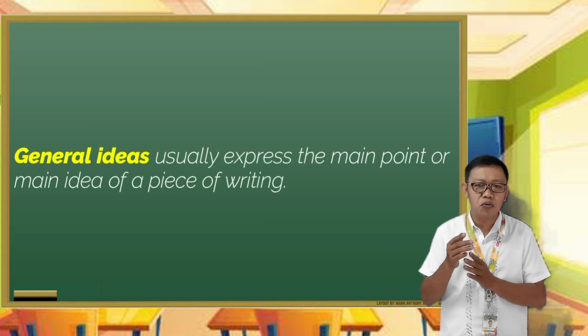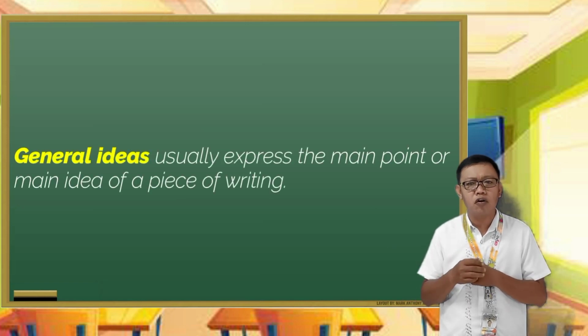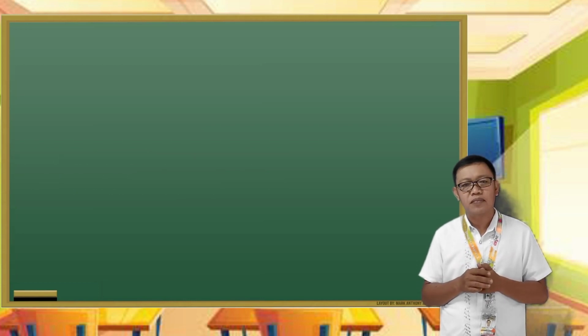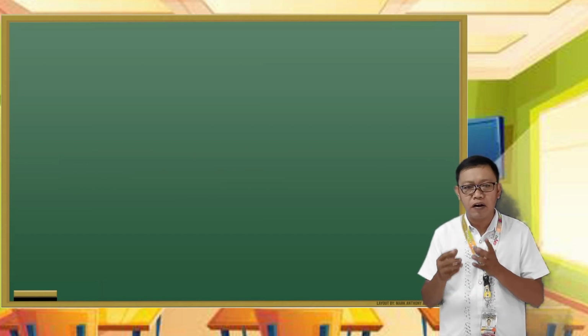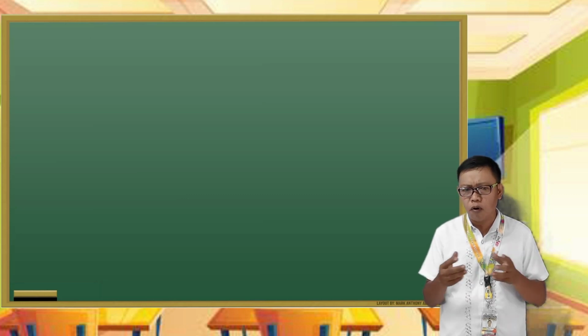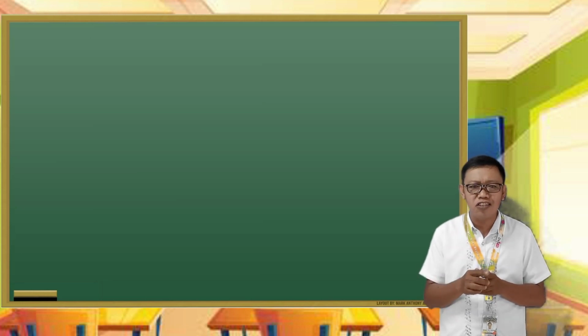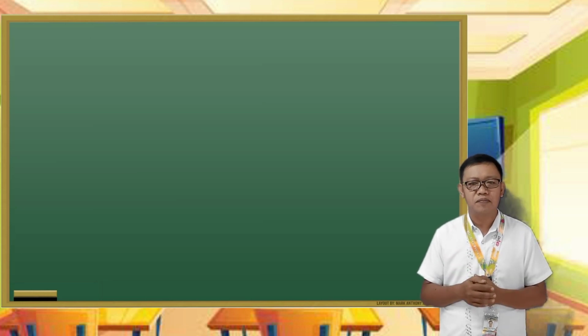General ideas usually express the main point or the main idea of a piece of writing. They present the topic of a paragraph, essay, or even a book and make a statement about it, usually a claim that needs to be proven.